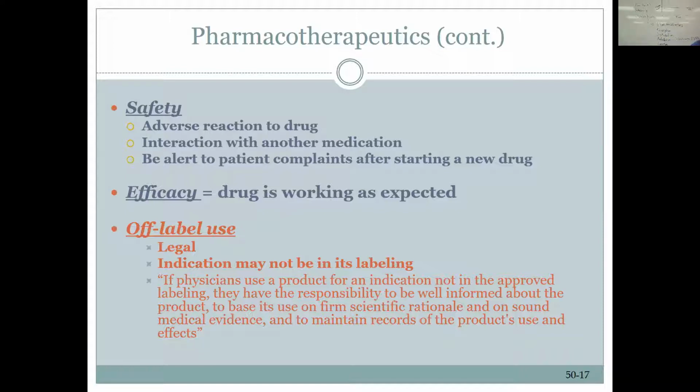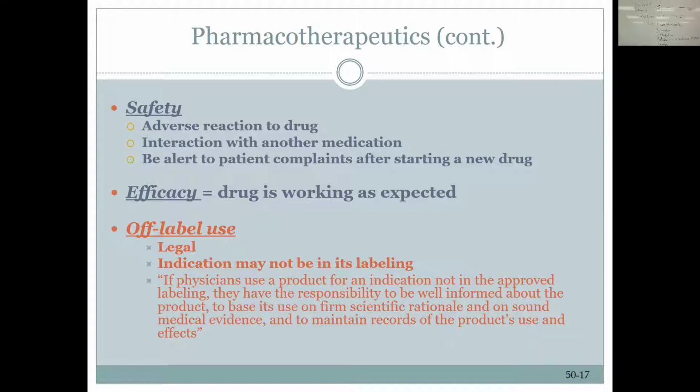Even though the FDA is very specific that uses are supported by clinical trials, it's perfectly legal for doctors to use drugs for other purposes.